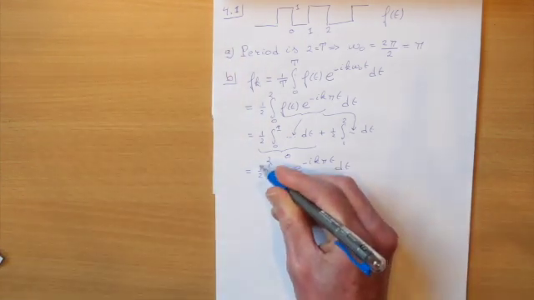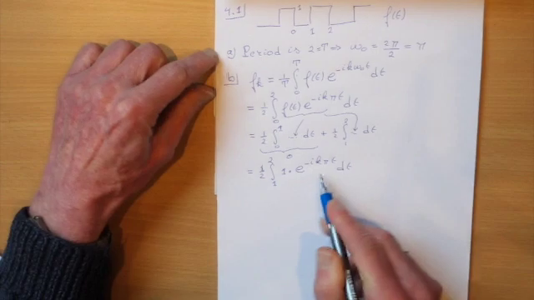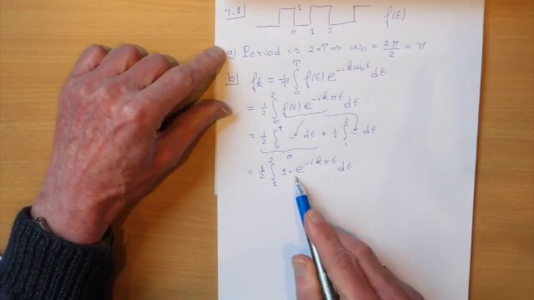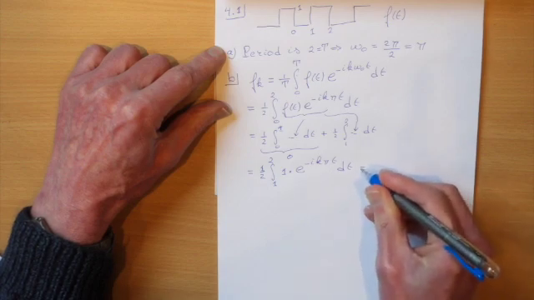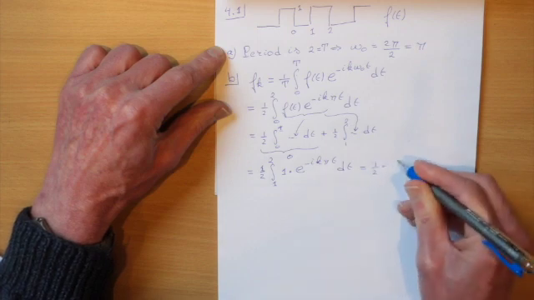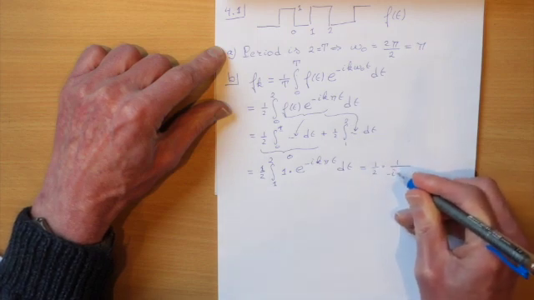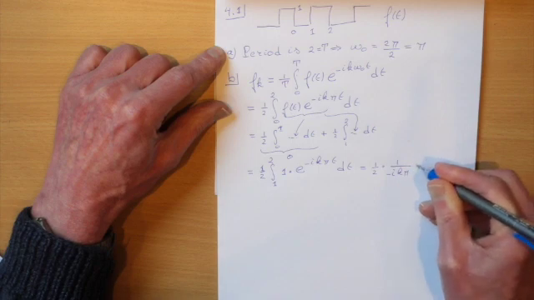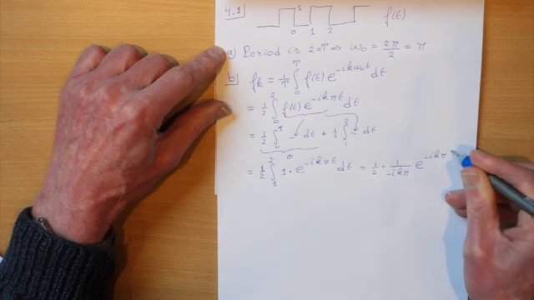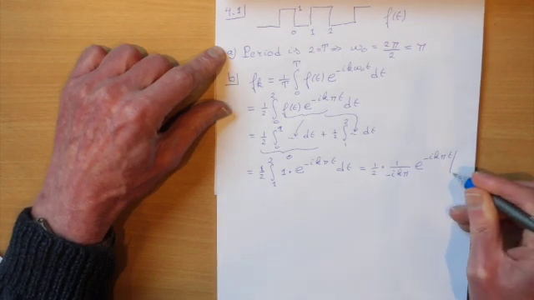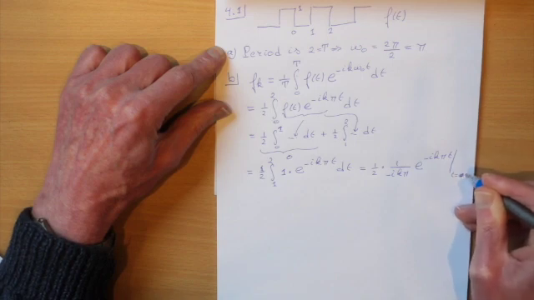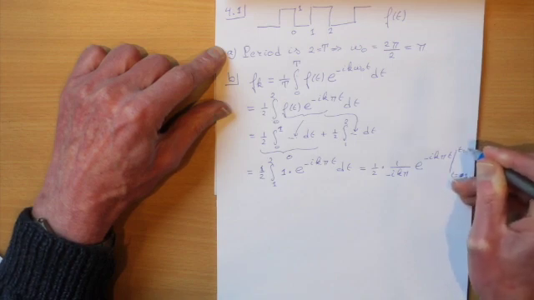Looking at this, after some rewriting, you have the integral over an exponential. This is easy. This is a half that was in front, and then it's 1 over minus i k pi e to the power minus i k pi t, evaluated from t is 1 to t is 2.